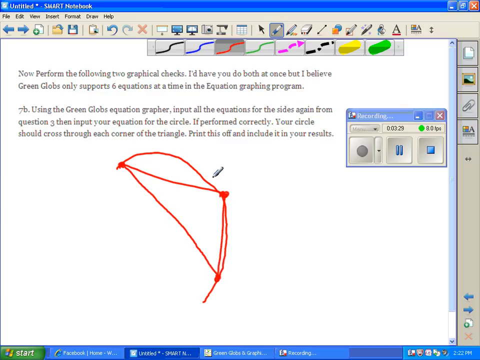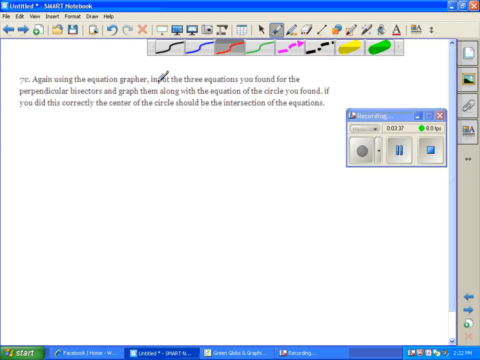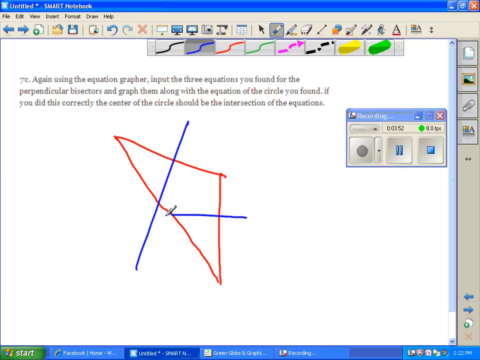The other graphical check, so you want to include that, copy paste that into your Word document. The other graphical check I want you to do is using the equation grapher, input the 3 equations you found for the perpendicular bisectors. So the perpendicular bisectors of these guys, so this triangle won't actually be here, but the perpendicular bisectors will.